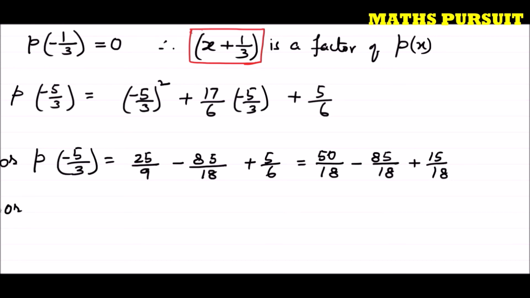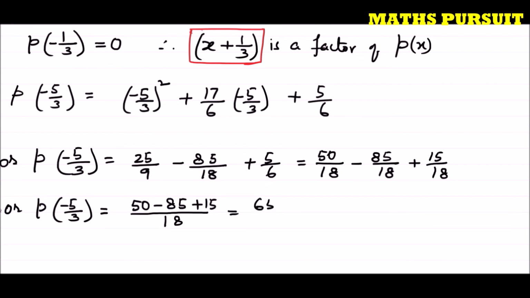Or I can write now P(minus 5 upon 3) is equal to 50 minus 85 plus 15 divided by 18.